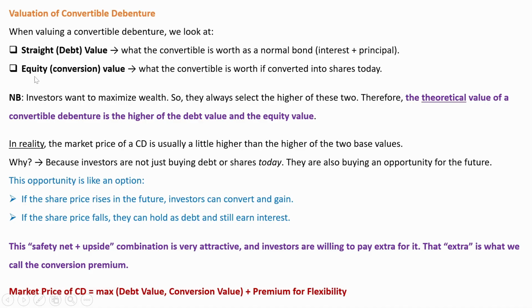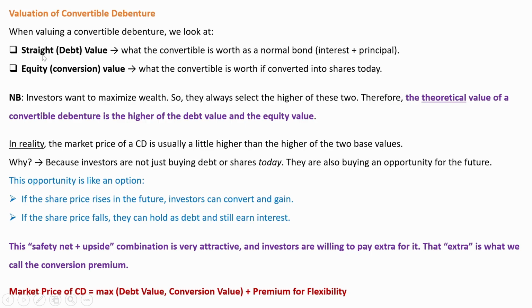And then calculate the value of the equity or conversion value. So equity value is the same as conversion value. And we have already seen the formula for conversion value in the previous example. So the equity value is what the convertible debenture is worth if converted into shares today.